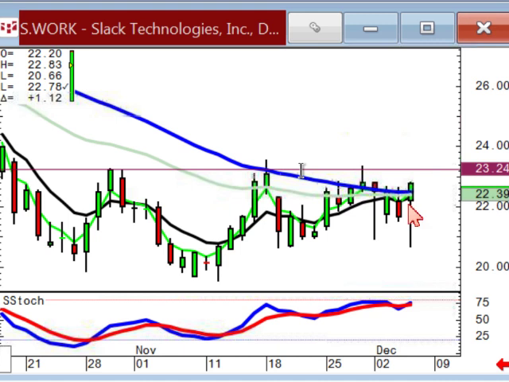Not necessarily because they closed it above the T-line, but the fact that they did a big hammer signal, knocking it down, then the bulls took control, and they came up through the T-line and the 50. That's why we've got it on the watch list right now. There was a lot of bullish strength, and we're getting near the breakout level.